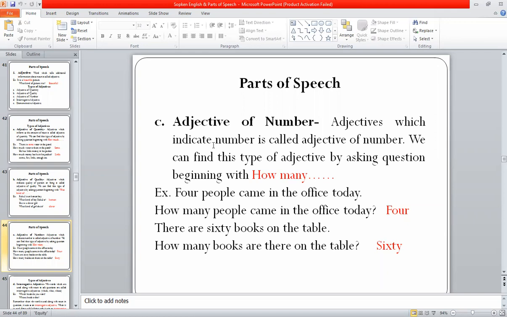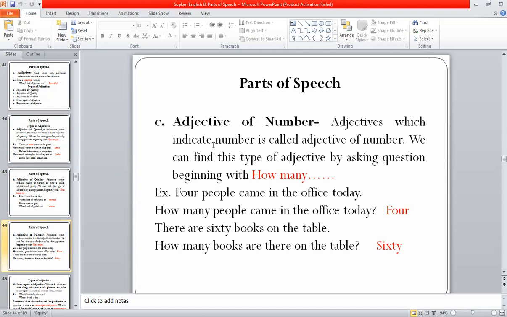Example is, 4 people came in the office today. If we ask the question beginning with how many, then it will answer 4. How many people came in the office today?